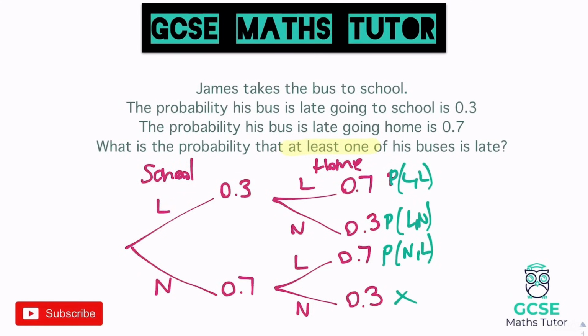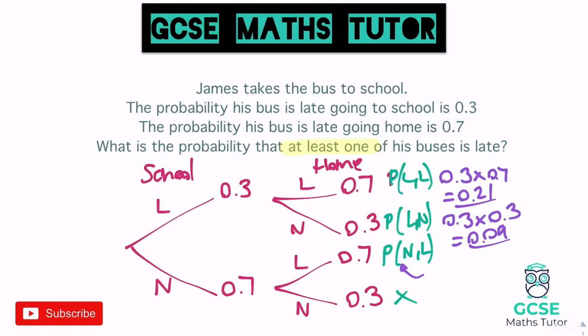So late then late goes through 0.3 and then 0.7, which is 0.21. We've got the probability of it being late then not late, which is 0.3 times another 0.3, which is 0.09. And we've got that third one there, which is not late and then late, which is 0.7 times 0.7, and that equals 0.49.